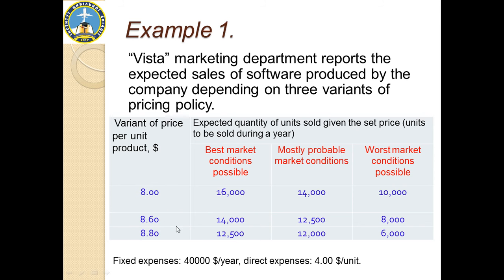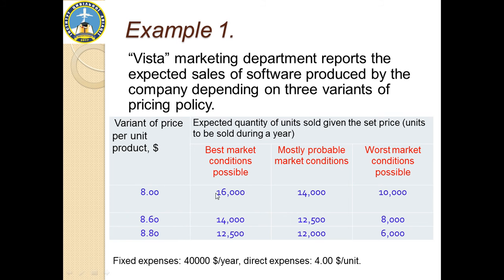Sales depend not on the price only, but also on the market conditions. So the marketing department does some research regarding the market conditions and comes up with some numbers. For example, in case of best market conditions, the company may sell 16,000 units of this particular software at a price of $8 per unit.